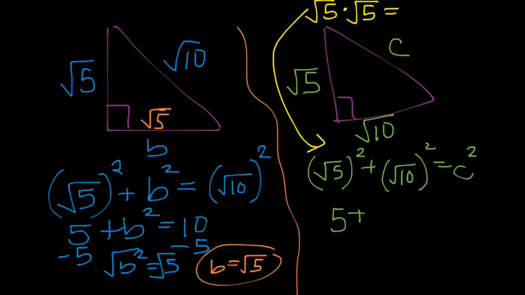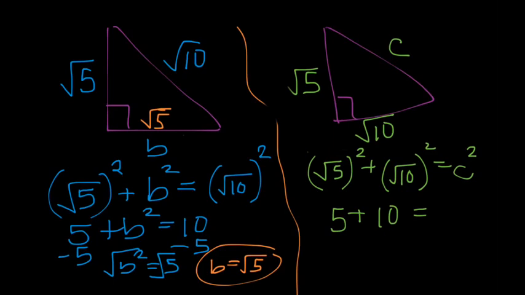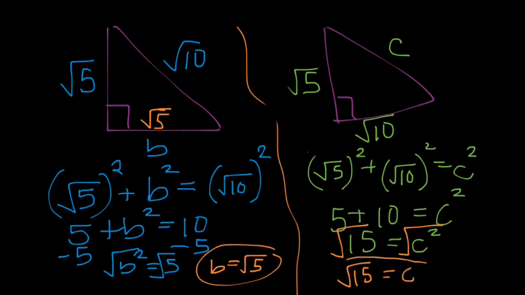If I take the square root of 5 times the square root of 5, I end up getting 5. So I get 5 plus 10, because the square root of 10 squared becomes 10, equals c squared. 15 equals c squared. Square root the left, square root the right, and I get square root of 15 equals c.